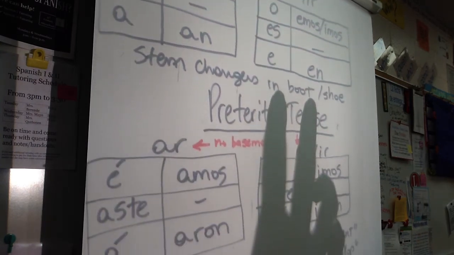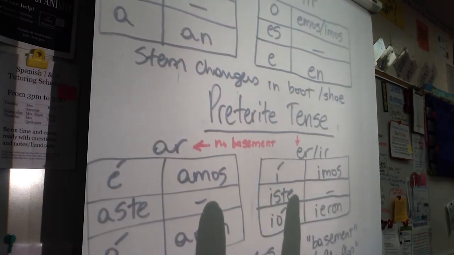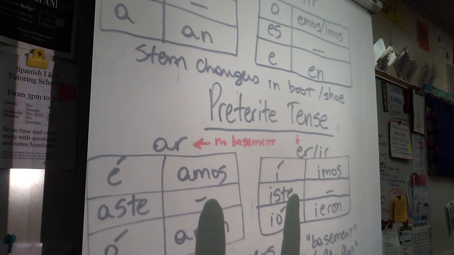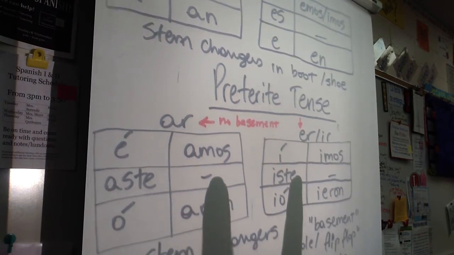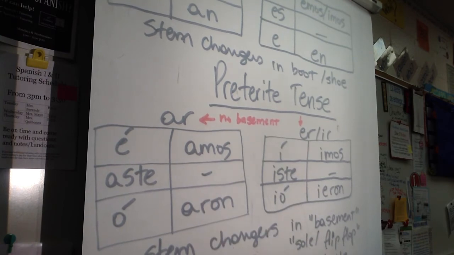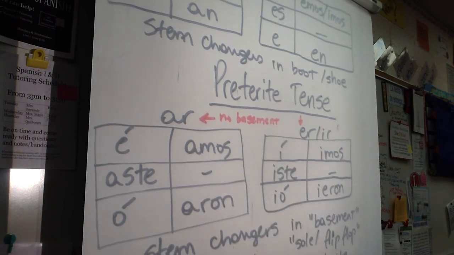But in the preterite, obviously you're going to use preterite endings. Where will you worry about stem changes? In the basement. And since you only have two kinds of changes in the basement, O to U and E to I, it's easy to tell apart. If a verb has an E, and we're in the stem changing section of our test, then we know that we were worrying about changing it from E to I only in the basement. If we know it has an O, then it's not an O to UE change, it's just going to be an O to U change.